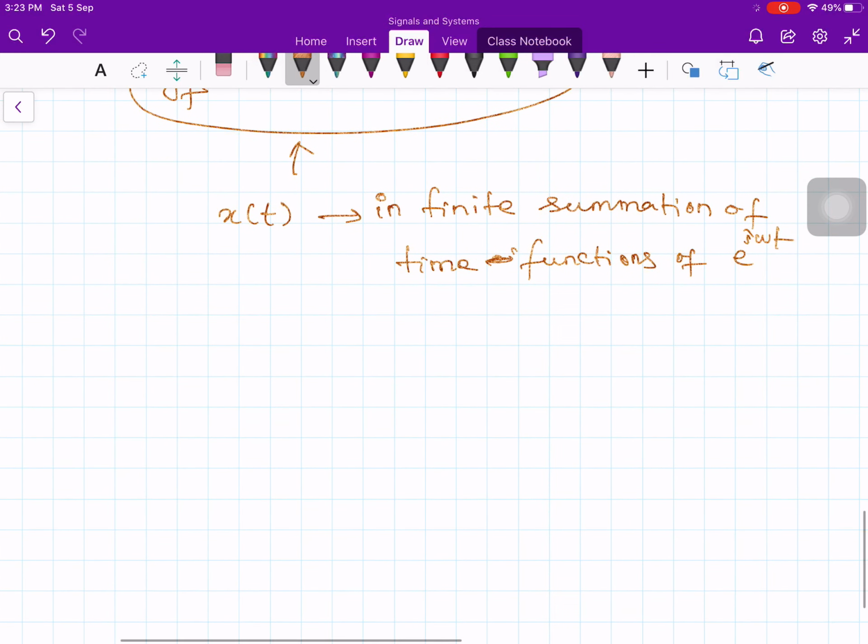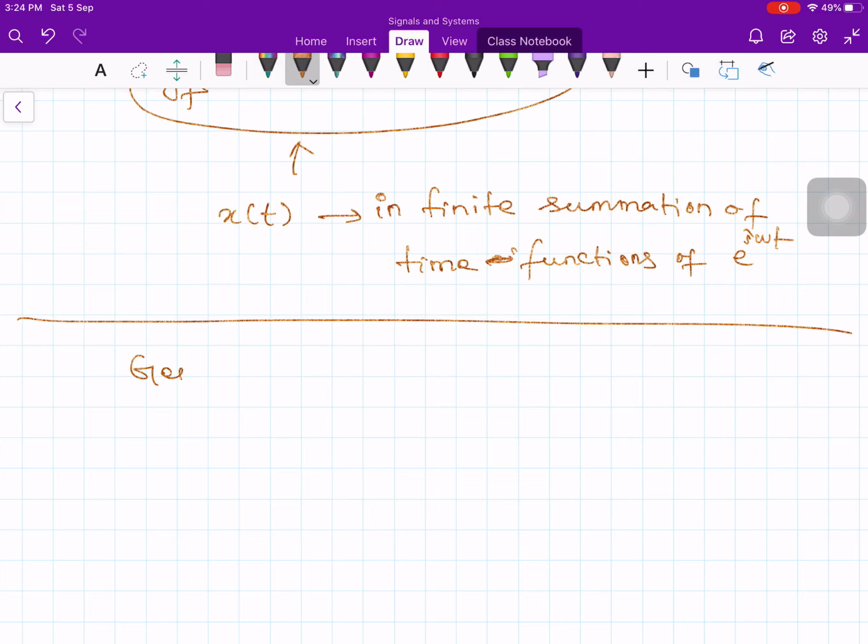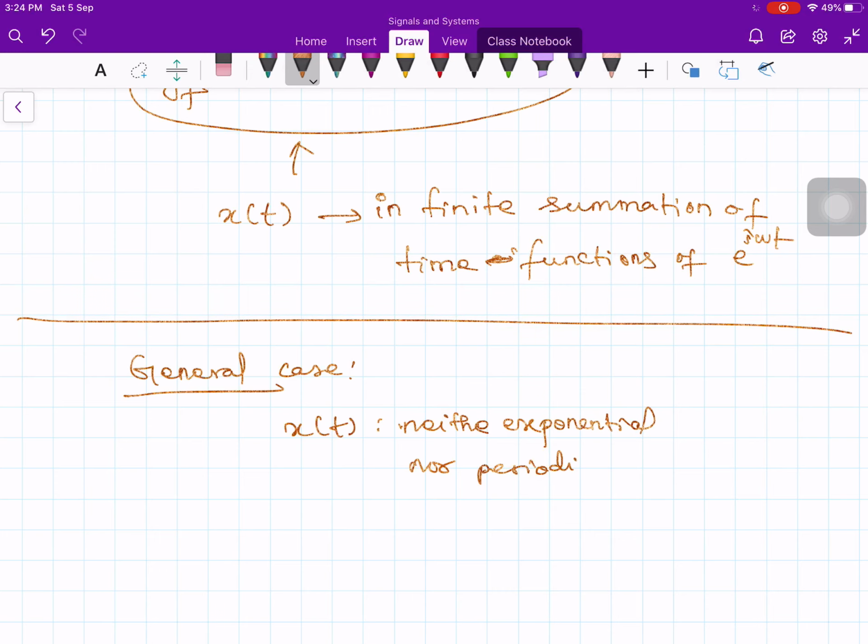So in the general case, we have x of t. Now x of t is neither exponential nor periodic. In this case, what will happen?